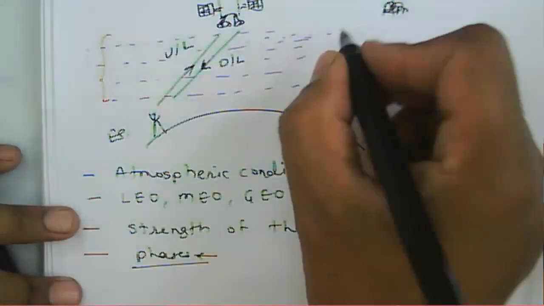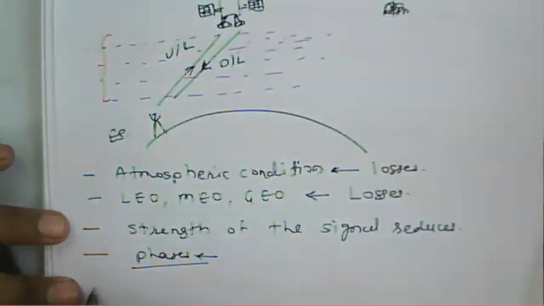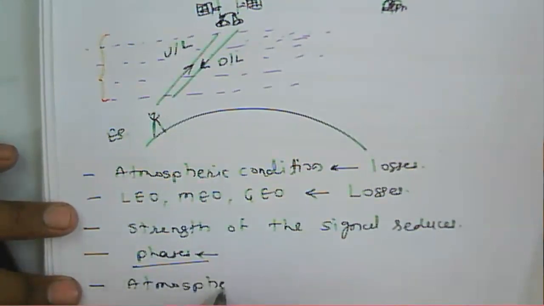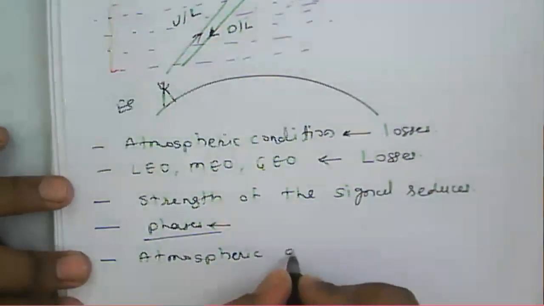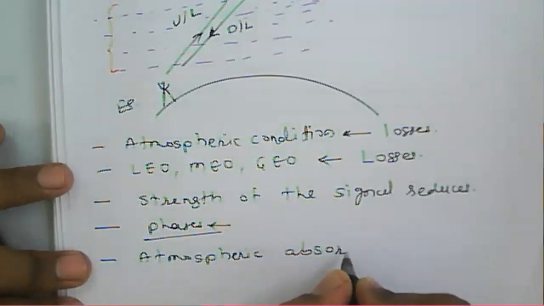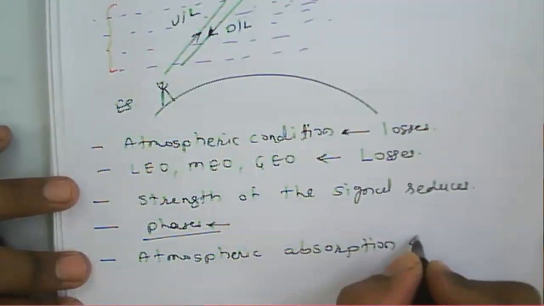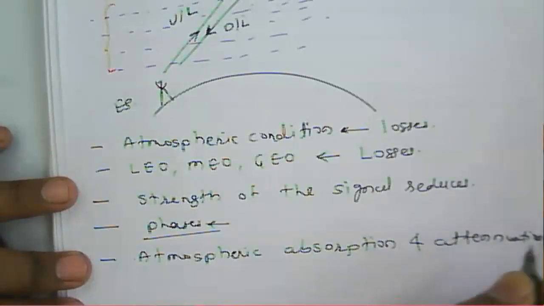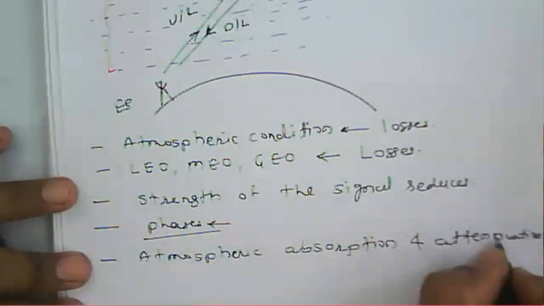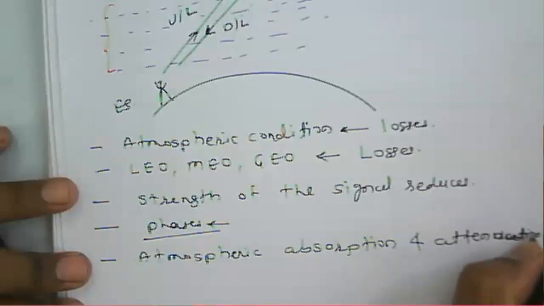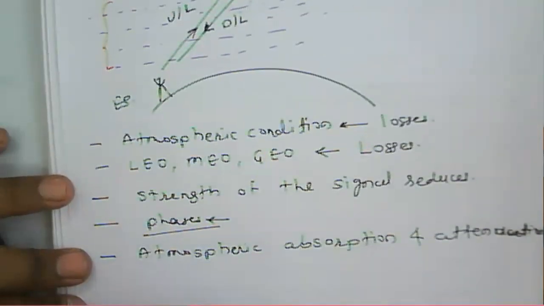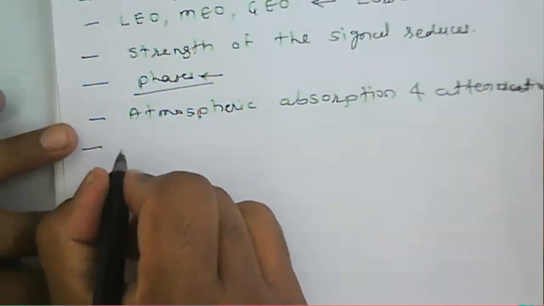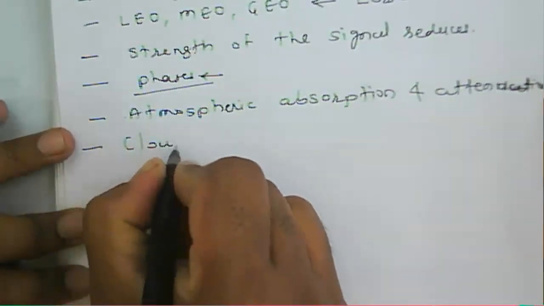Again, the losses will be atmospheric absorption and attenuation. Then we have losses because of cloud attenuation.